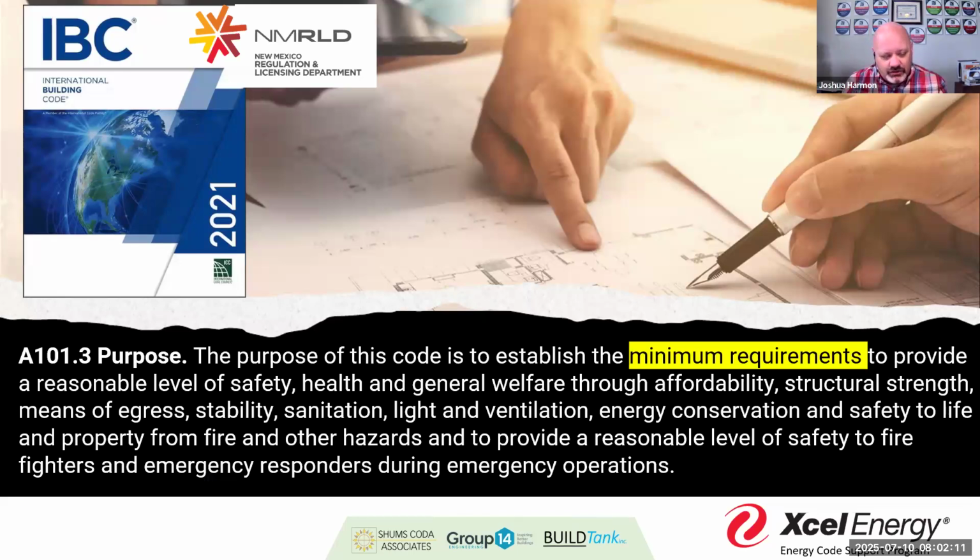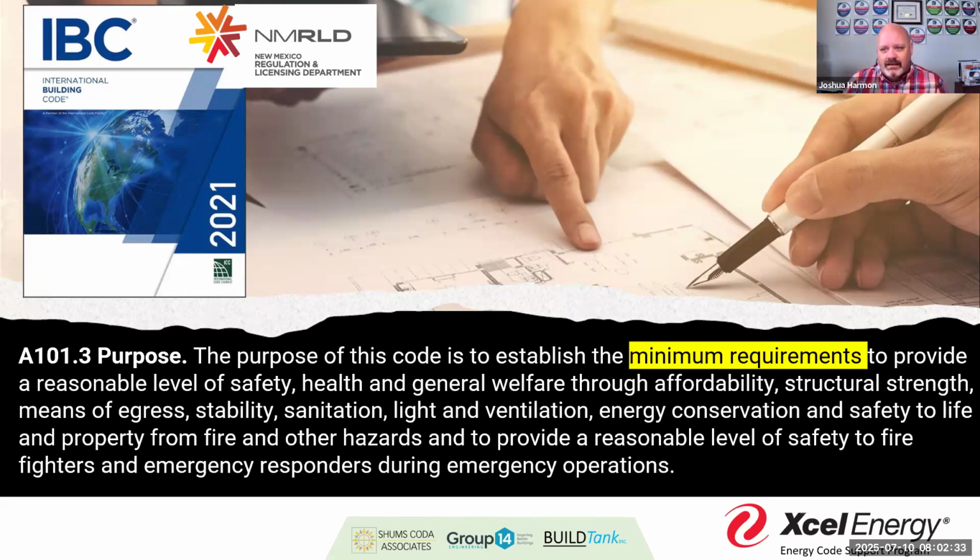We've done a lot of residential in the past, and so we've focused this year a little more on the commercial, but at the same time, we can see the parallel between the two. We develop and adopt codes as a state in order to provide a uniform minimum expectation of how buildings should be built.